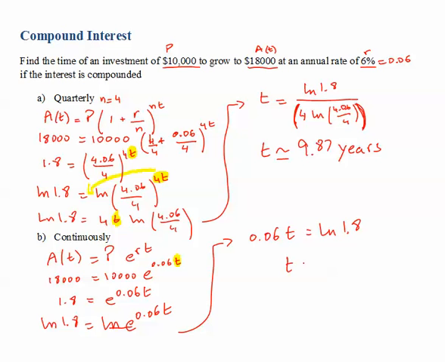Solving for t, we get ln 1.8 divided by 0.06. An approximation using a calculator is 9.78 years. I hope this example is clear.